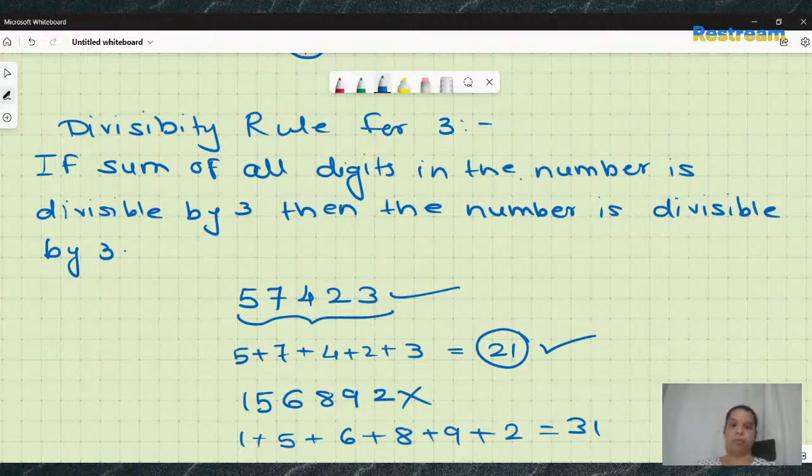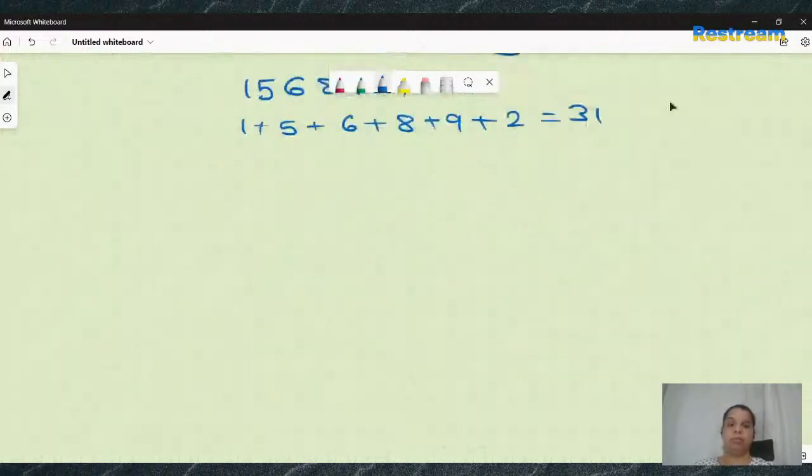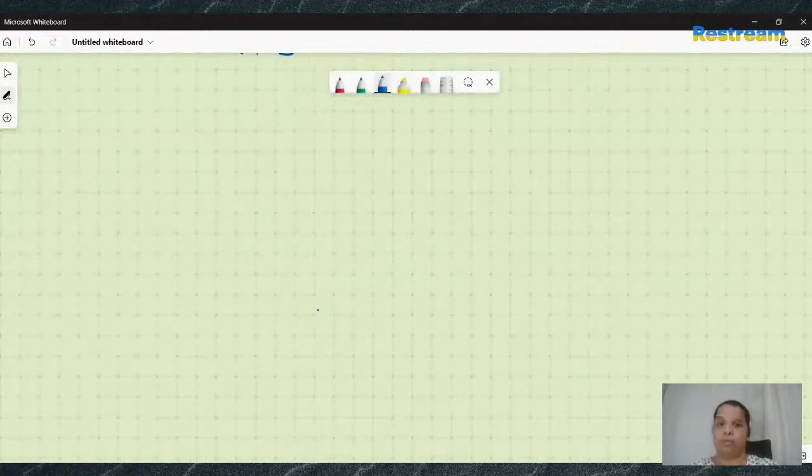Now, let's go to the divisibility rule of 4.